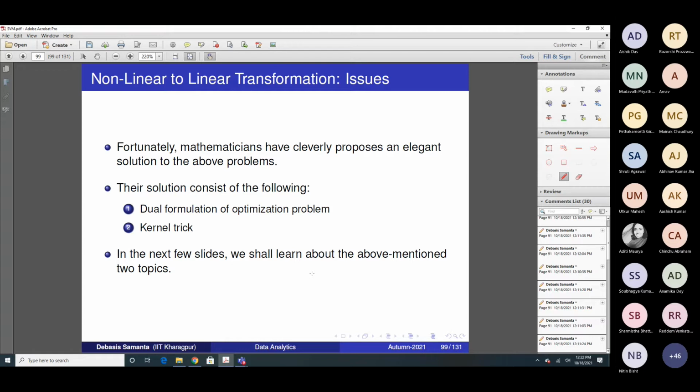Now, to address these problems, the mathematicians have coined one very good concept, called the kernel trick concept. Actually, all of support vector machine, as you have learned from my discussion, is based only on mathematics.